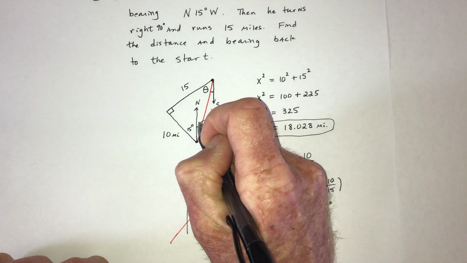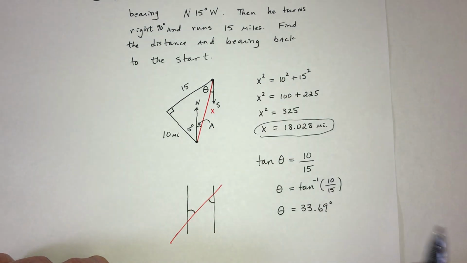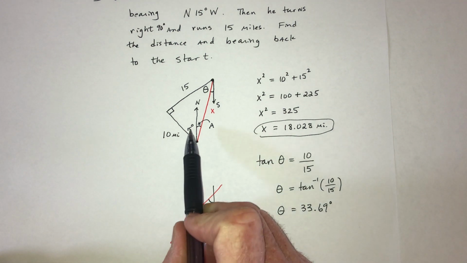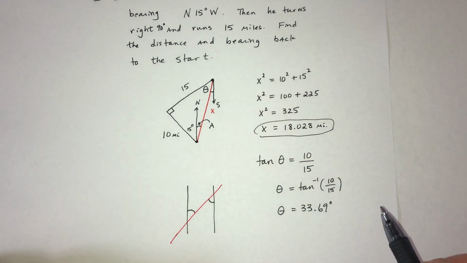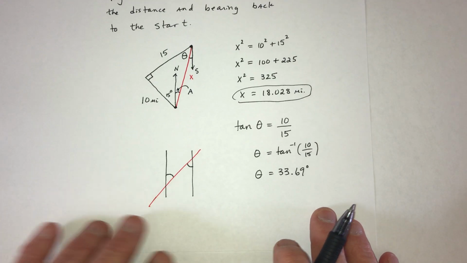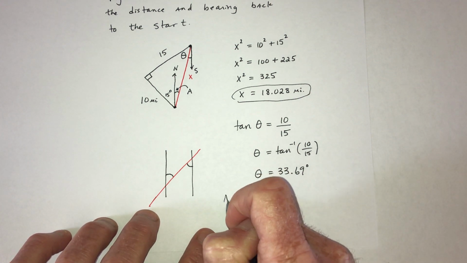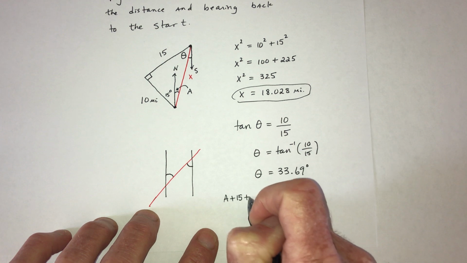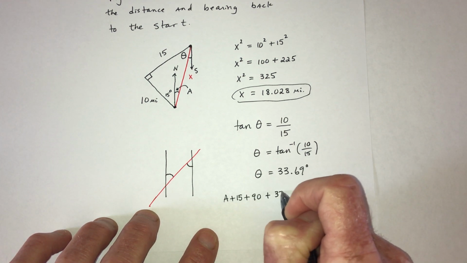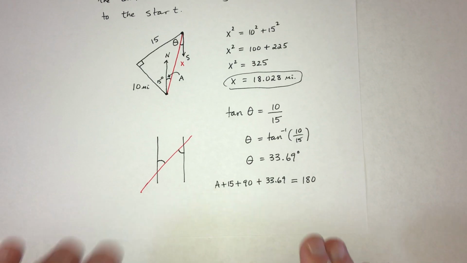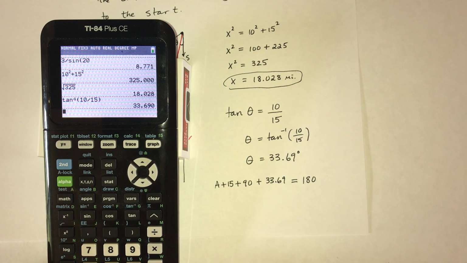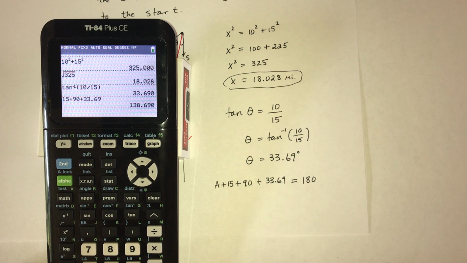So for this angle, I'm just going to call it A for angle. And all of the angles in a triangle, so 15 plus A plus theta plus 90, have to add up to 180. So that means A plus 15 plus 90 plus 33.69, all of that has to equal 180. So 15 plus 90 plus 33.69 is equal to 138.69.